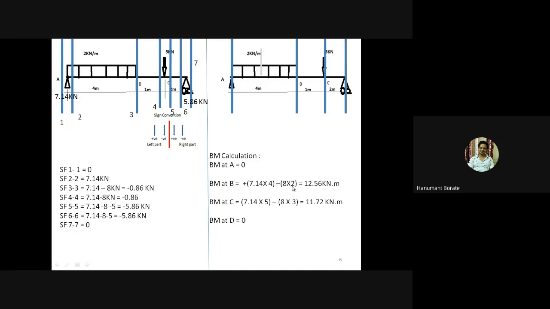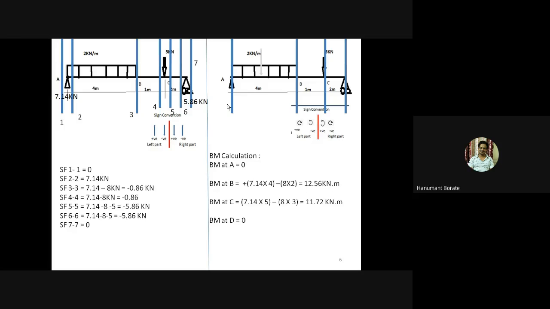So 8 into 2, and I have taken here a negative sign because the moment of this 8 kilonewton is anti-clockwise, and as per sign convention, we need to take anti-clockwise moment negative. So hence here we'll get the answer 12.56 kilonewton meter.